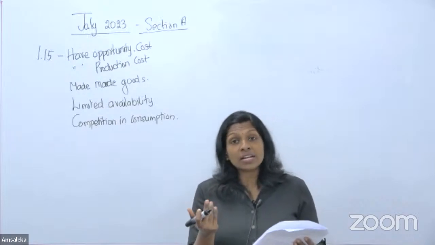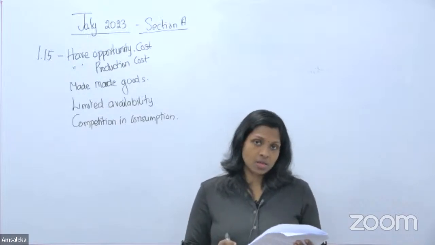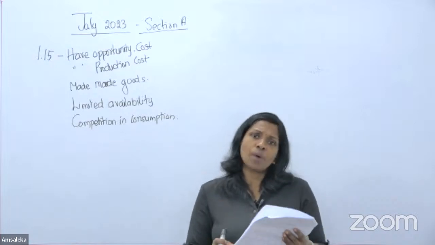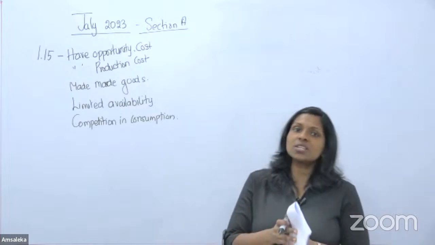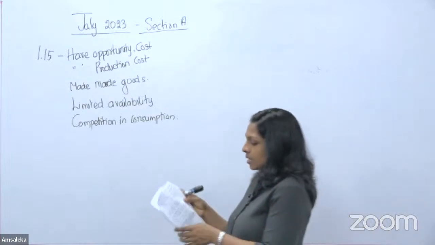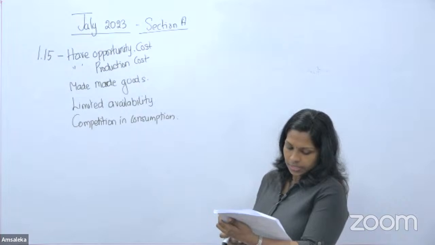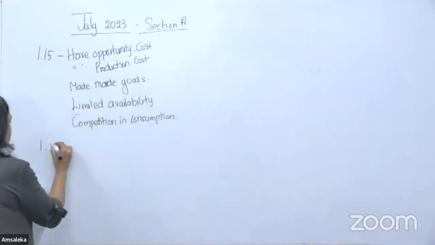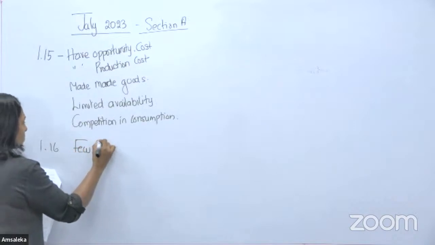If you provide examples, they will give you good marks. They asked for only 2 characteristics. Yes, 1.16: few powerful firms.